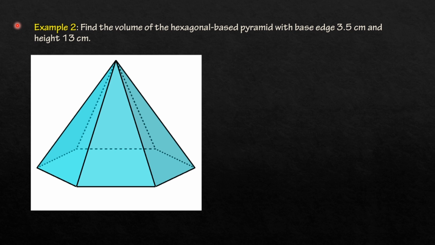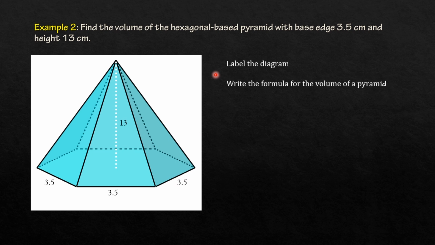Here's another example. Find the volume of the hexagonal base pyramid with base edge 3.5 centimeters and height 13 centimeters. Label your diagram again. The height is 13 centimeters and the base edges are 3.5 centimeters each. Write the formula for the volume of a pyramid, which is 1/3 base area times height.